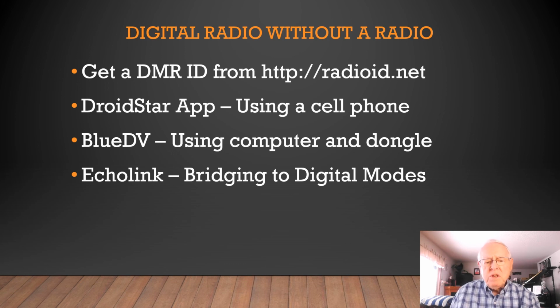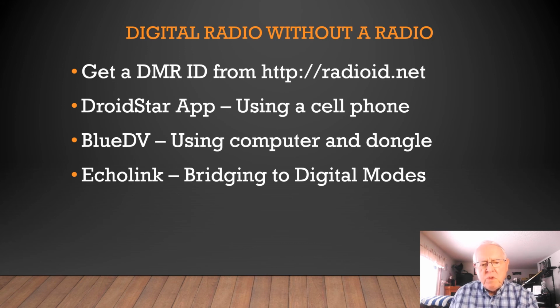It's called DroidStar, and you can use your cell phone as a radio to connect directly to the network and talk to hams all around the world. So you can get that through the Play Store on Google, and there's a couple other methods also that you don't need a radio, and there's some hams that are using this and report success with it. I haven't tried it yet. I have used DroidStar, and that works quite well.